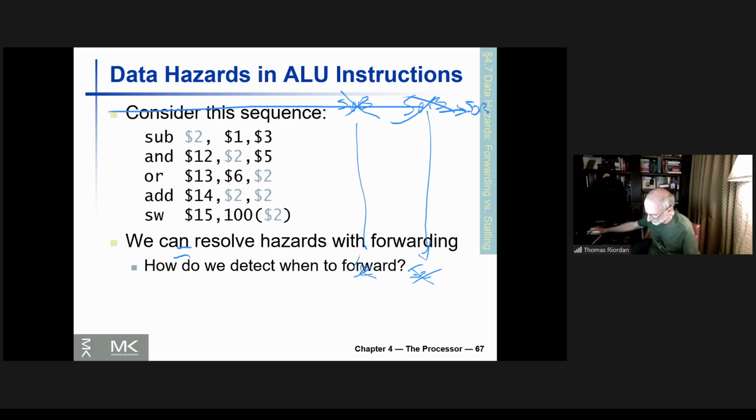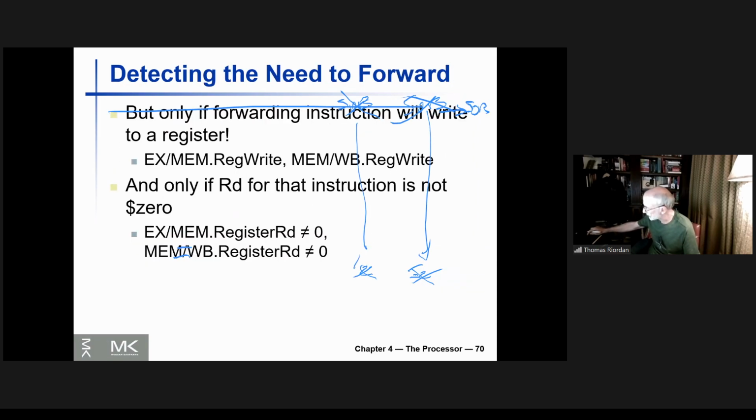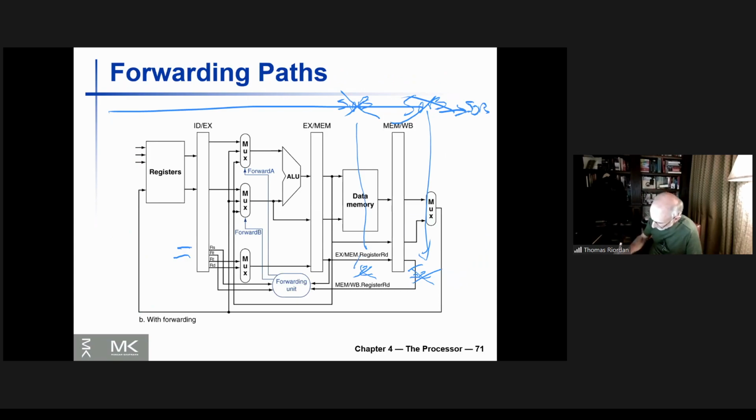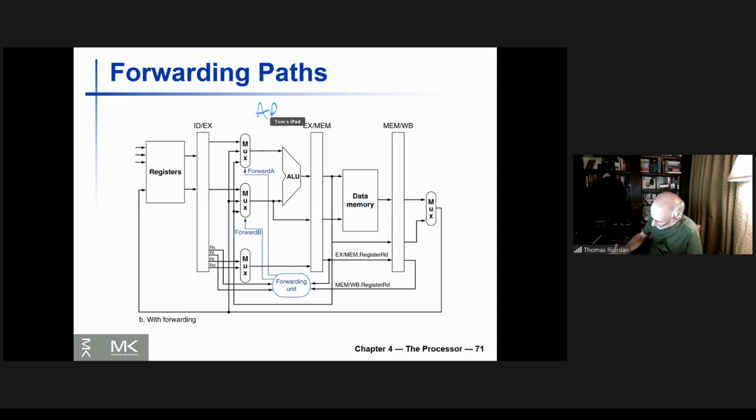So when the add instruction gets there, the subtract is no longer anywhere in the pipeline. The 2's are all gone.